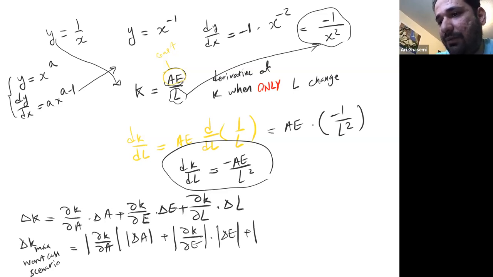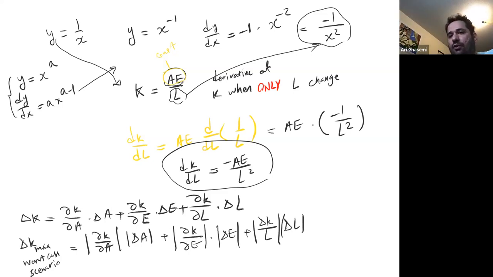Don't forget this, absolute value of delta K over L, absolute value of delta L. You see that? So let's substitute all this information in this relation to find delta K worst case scenario.